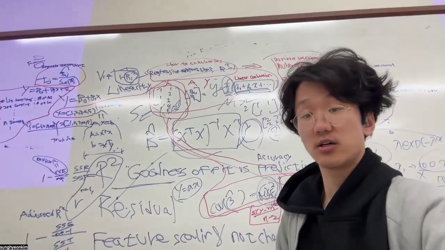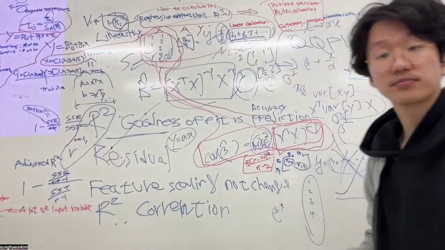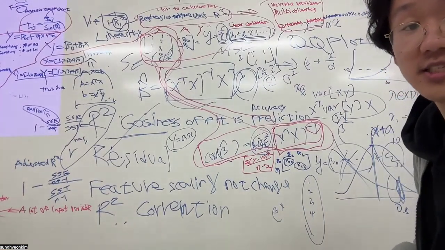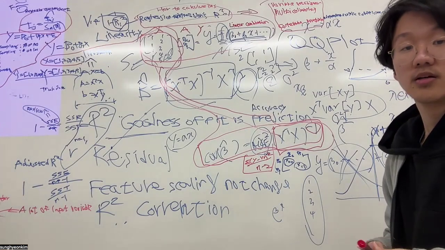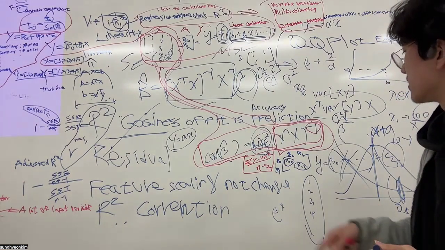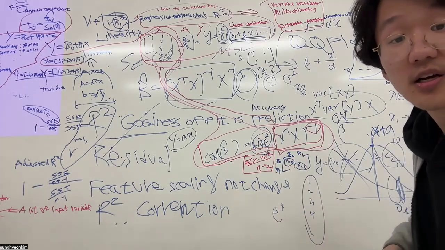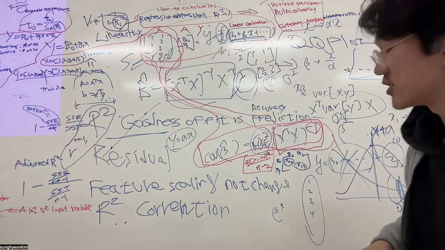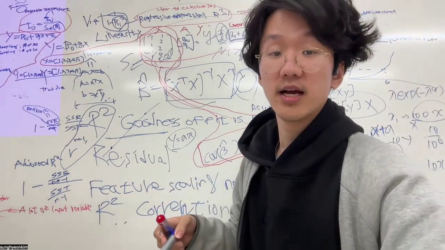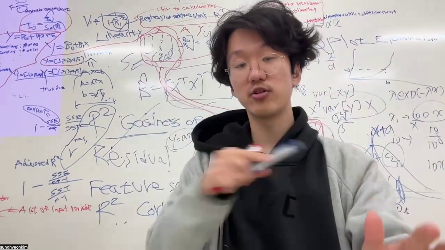And not only goodness of fit, we can also use other performance metrics such as MSE. This is different from mean absolute error, where we take the absolute value of yi minus yi hat over n, instead of squaring.